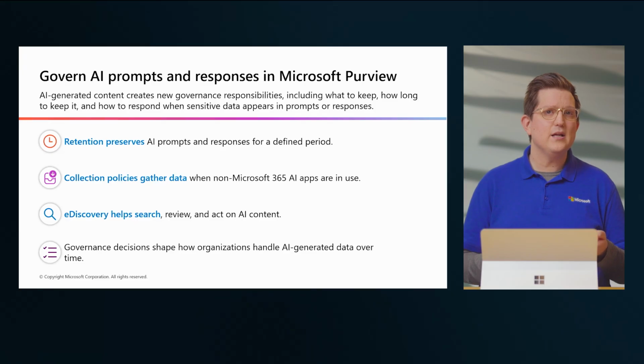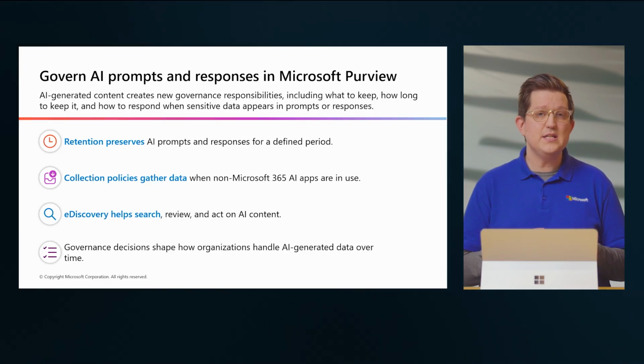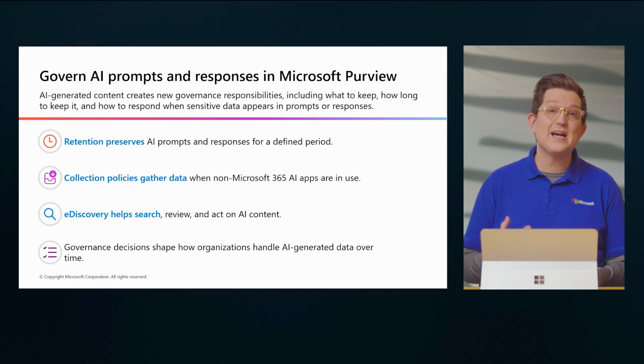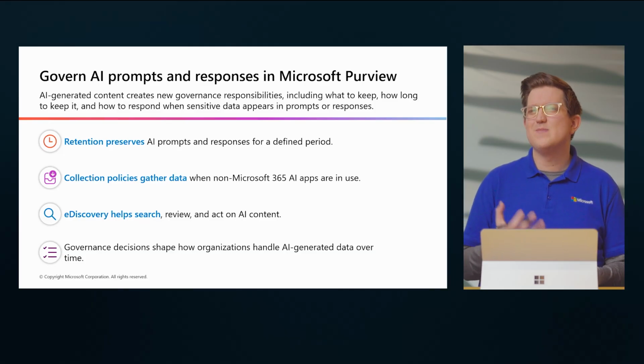There are 3 key capabilities that are available to you: retention policies, collection policies, and eDiscovery. These are the big pieces of the Purview stack that allow us to work with AI interactions, either the messages sent or the responses, to make sure that they are collected in the right way.